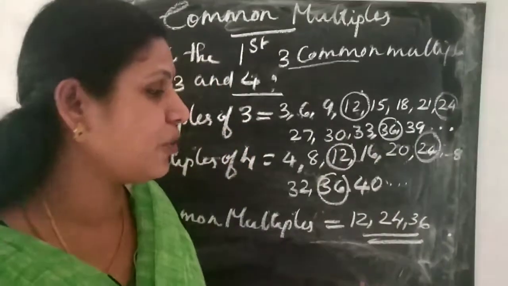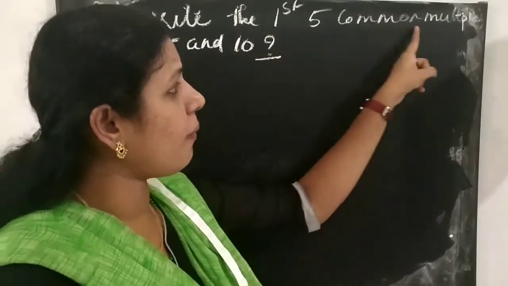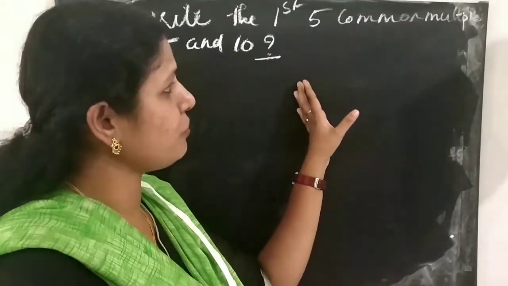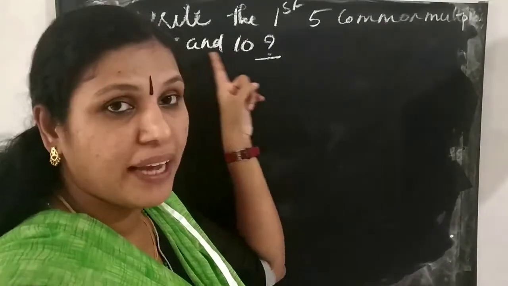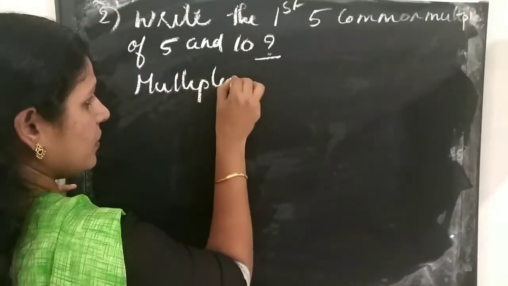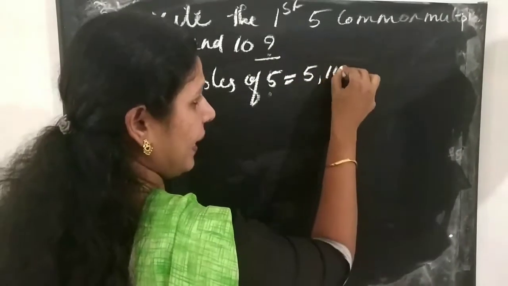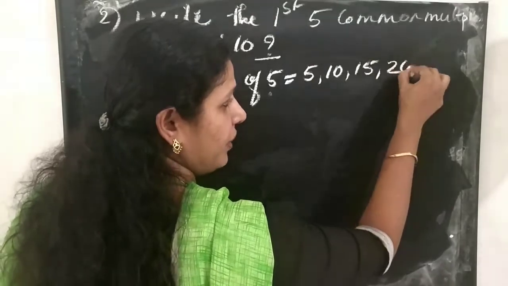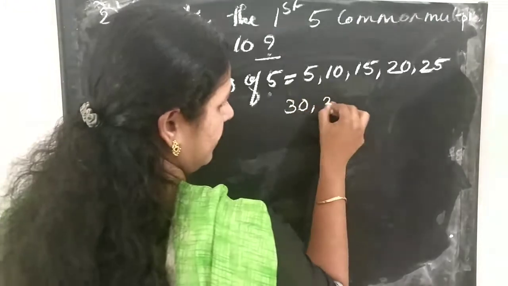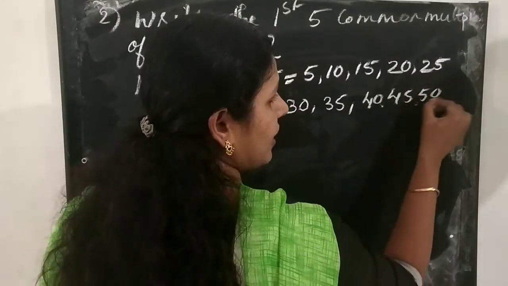Understood? Like this, we can do the next one. Our next question is, write the first 5 common multiples of 5 and 10. So children, first we have to write the multiples of 5 and 10. Multiples of 5: 5, 10, 15, 20, 25, then 30, 35, 40, 45, 50 and so on.